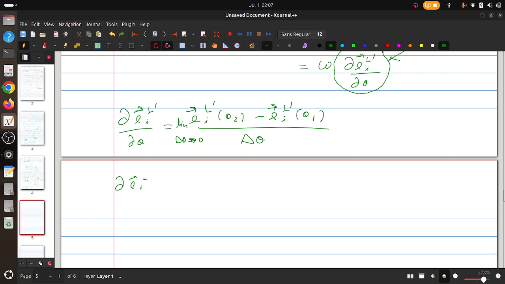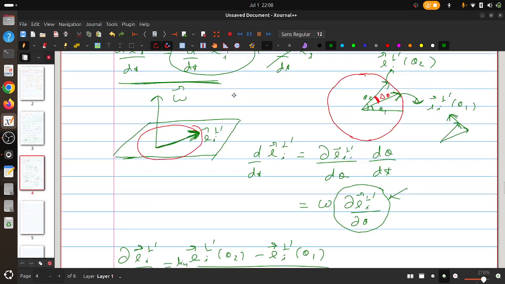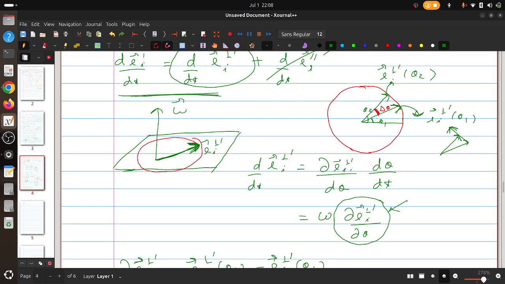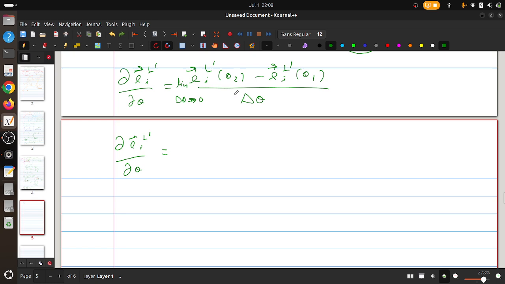But what really matters here is the magnitude. We have to figure out the magnitude correctly, and that is the whole point here, right? So this is just subtraction of two vectors. We know its direction, right? So let us write it as the mod of this quantity times some direction.